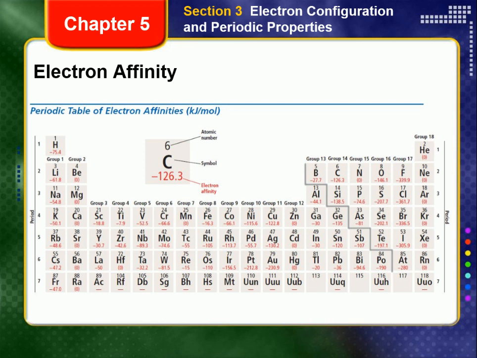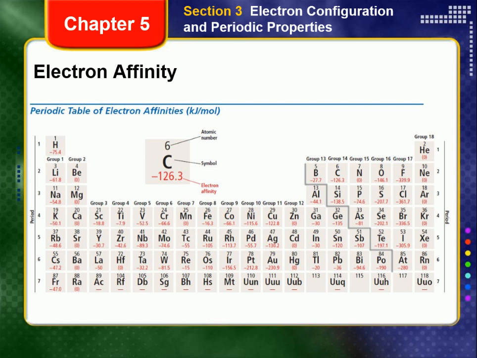The ease with which each halogen atom gains electrons is a major reason for the high reactivities of group 17 elements. In general, as electrons add to the same p sublevel of atoms with increasing nuclear charge, electron affinities become more negative across each period within the p block.